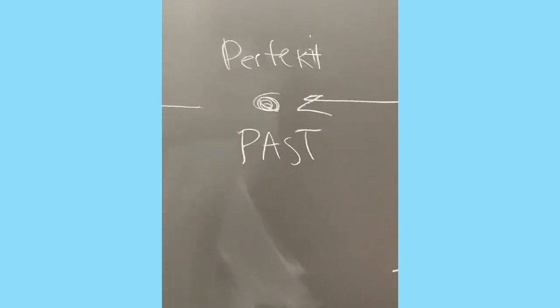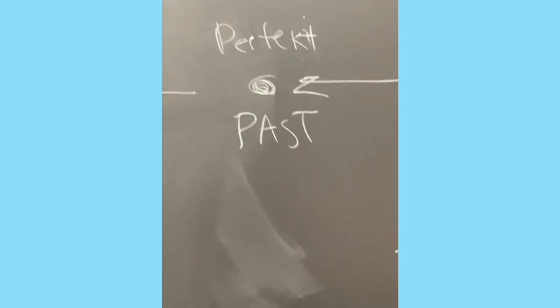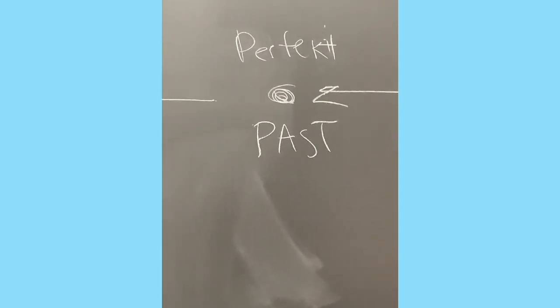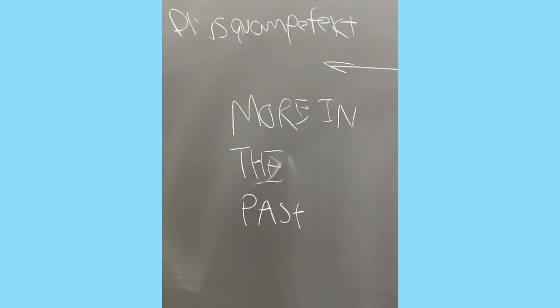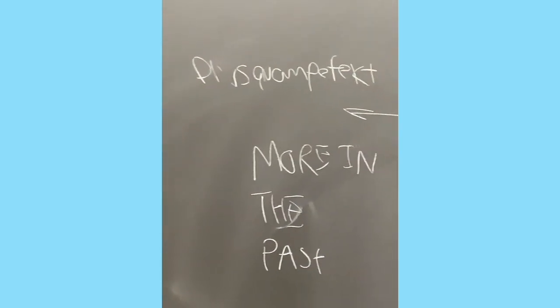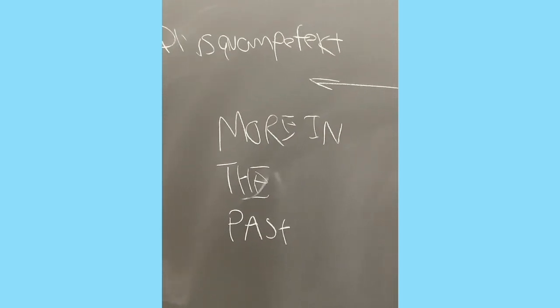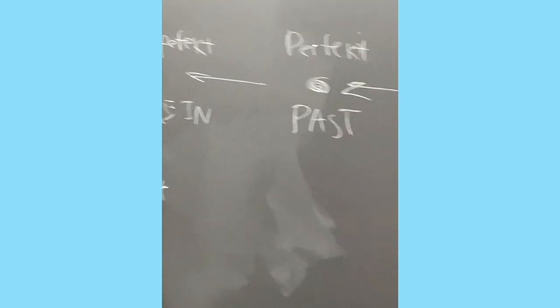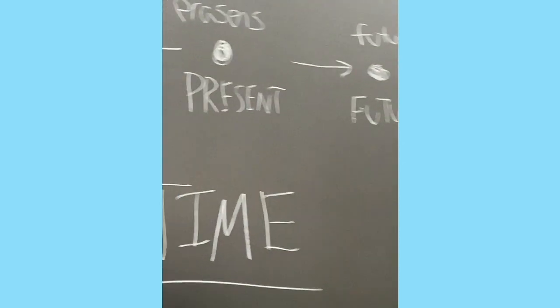So ich habe plus the GE verb, and then if we go even more in the past, we have Plusquamperfekt. Ich hatte plus GE verb. And there you have it. We have our German verb tenses.